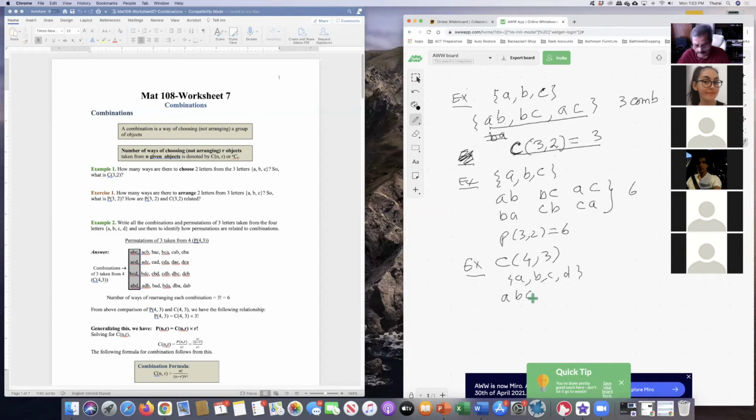So the combination of A, B, and C together is 1. A, C, D, B, C, D, and A, B, D. That's it, 4. There are 4 of them. So therefore, the combination C43 equals 4.